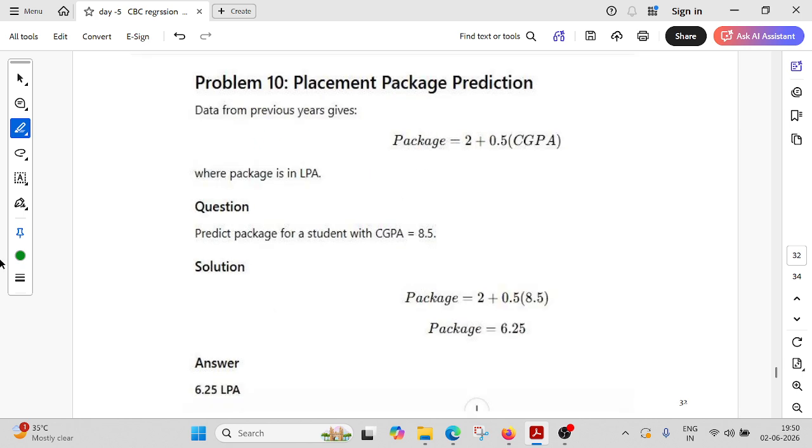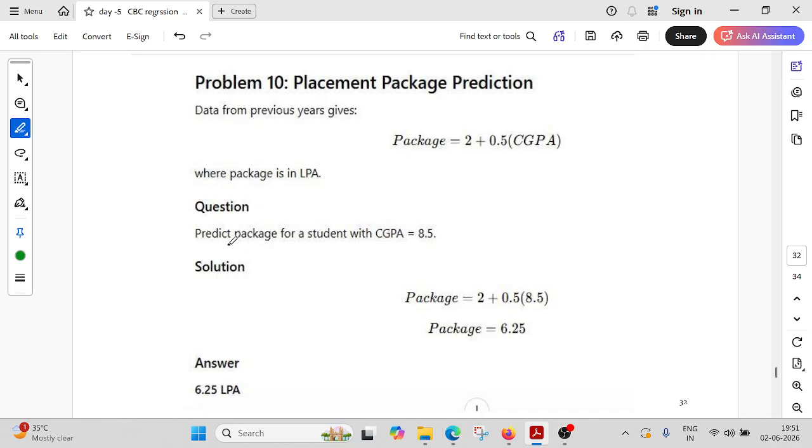The last data set, problem 10, is placement package prediction. I have taken all these data sets because they are very familiar from our daily life, and they will be useful for your further subjects. Using data from previous years, y equals A 2 plus B 0.5 times CGPA, where the package is in LPA.